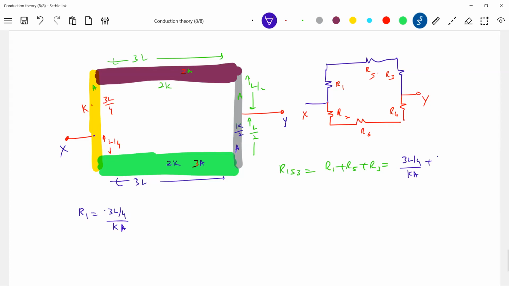What is R5? Length is 3L, thermal conductivity 2K and area of cross section 2A. Next, what do we get?